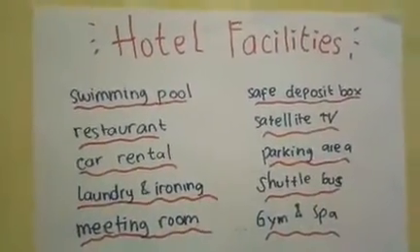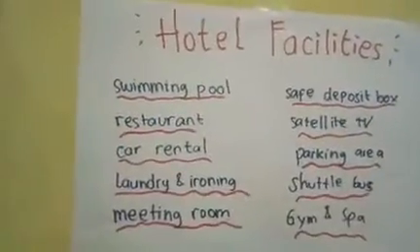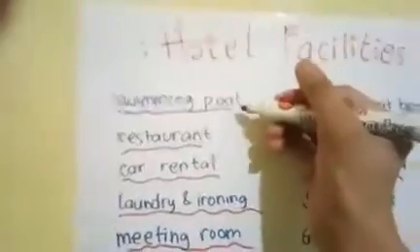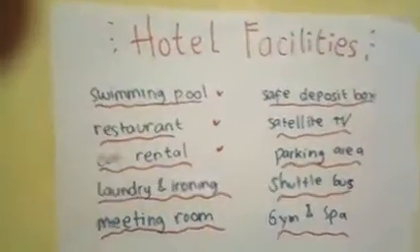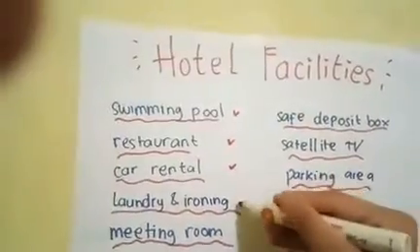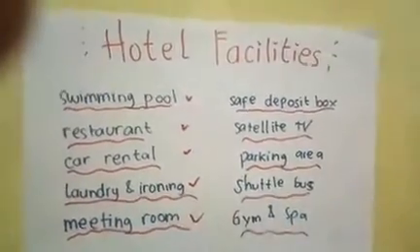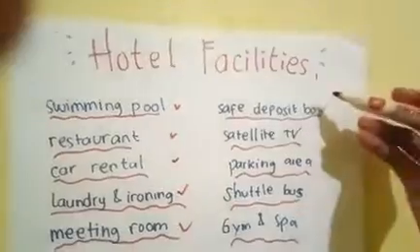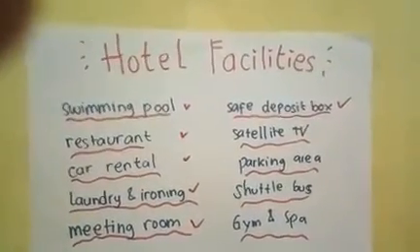Kolam berenang. Restaurant, restoran. Car rental, penyewaan mobil. Laundry and ironing, jasa laundry dan setrika. Meeting room is ruang meeting atau ruang rapat. Safe deposit box, kotak penyimpanan atau brankas.